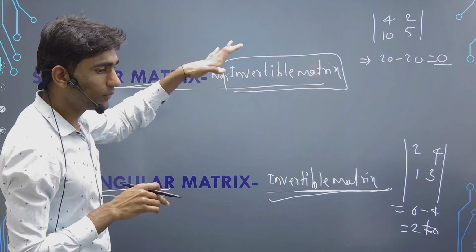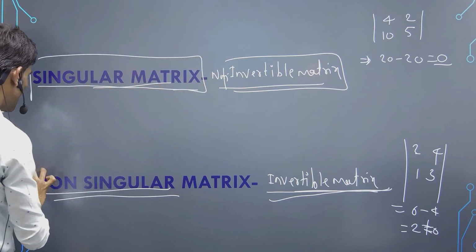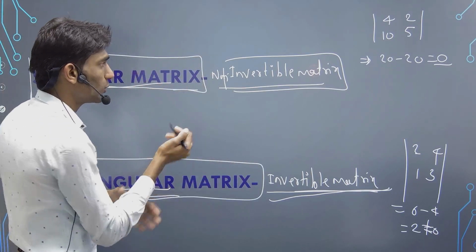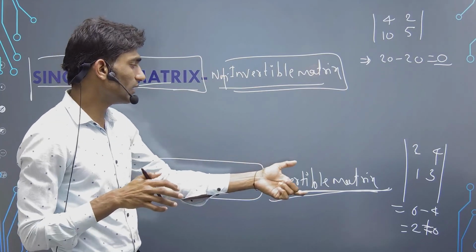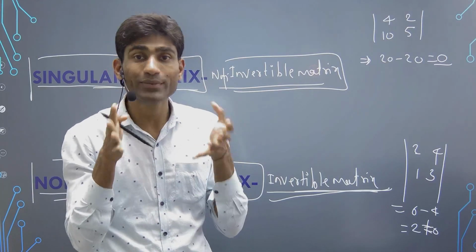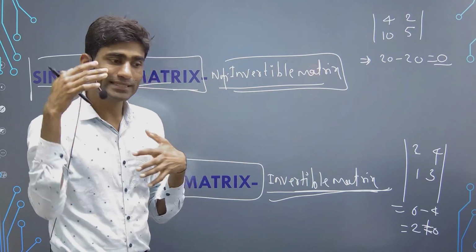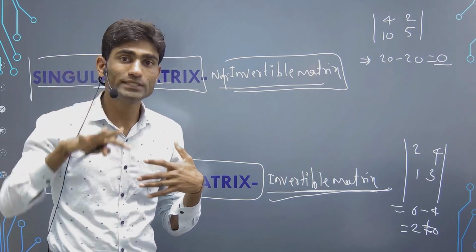I hope you have understood these two definitions of singular and non-singular matrix. In your board exam, instead of singular and non-singular, you may get invertible and non-invertible matrix, so don't get confused, both have the same meanings.